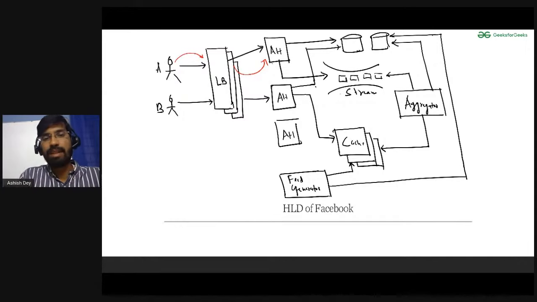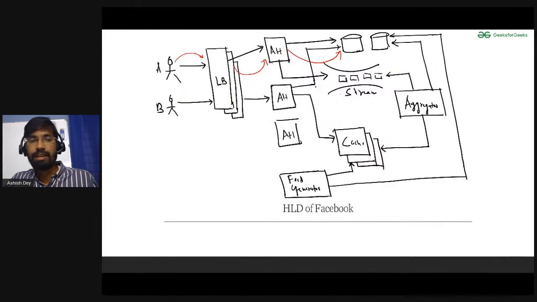Without any processing, the very first thing we should do is write it into the data store. Why is that? If you are doing some processing and somehow the system goes down, then we lose the data. That should not happen. So we write that first into the persistent store so that it remains safe.